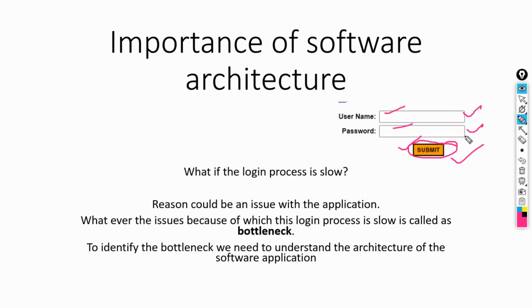Without understanding the architecture of your software application, it is difficult to find the root cause. To find the root causes related to performance, we definitely need to understand the architecture. In this case, we need to know what exactly is happening when you click on submit. Any questions still here? Is everyone clear with this?